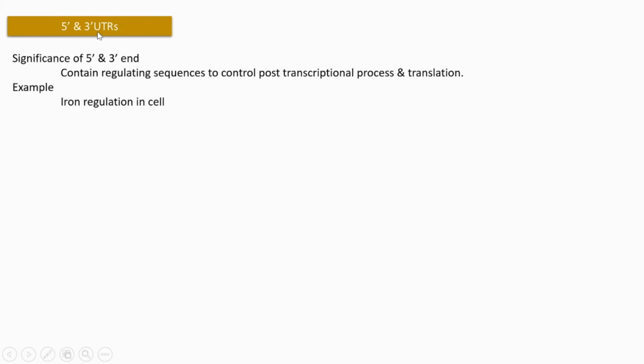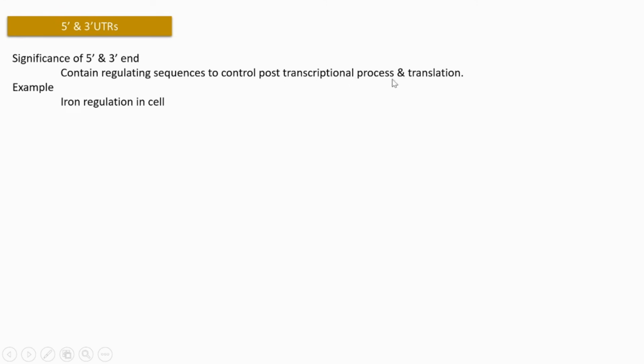Certain regulatory sequences are present in the 5' or 3' end. These regulatory sequences play an important role in regulating post-transcriptional processes, meaning after transcription, maybe splicing or protection, and also in translation.